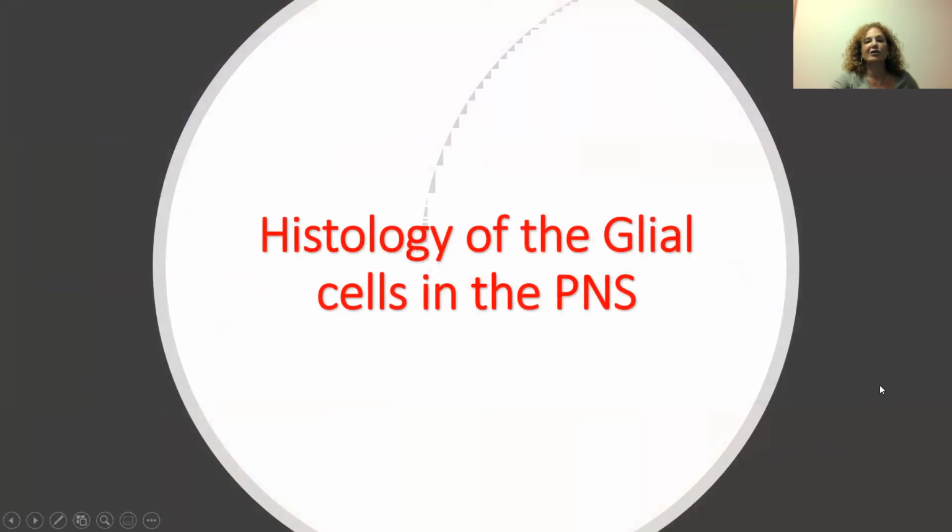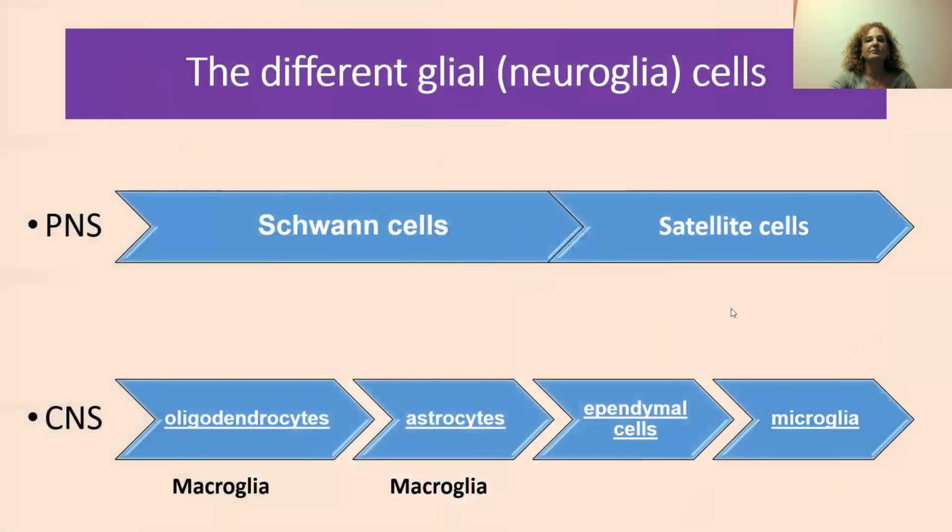Let us take a look now at the glial cells. That was the first category of cells within the nervous system, the neuron. Now we're going to talk about the supporting cells, which are the glial cells or neuroglial cells. Neuroglial cells in the PNS are a bit different than in the CNS.